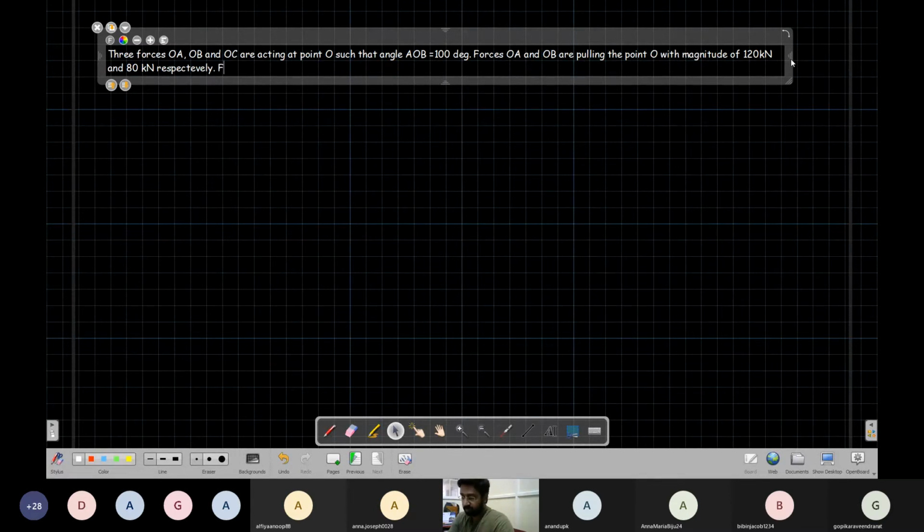Find the magnitude and the direction of force OC to keep point O in equilibrium.